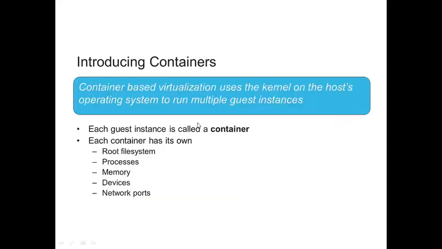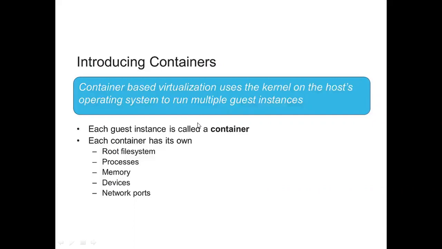So that is exactly when containers were introduced. Container-based virtualization doesn't have its own operating system. They use the same kernel on the same host operating system to run these multiple virtual instances, or whatever you want to call them, guest instances.